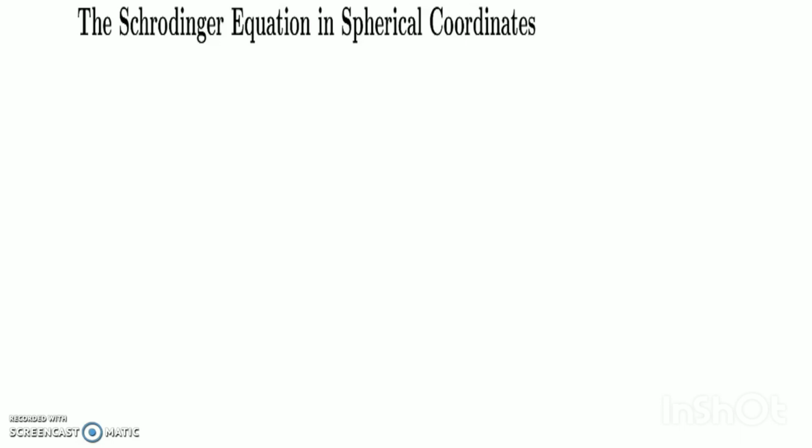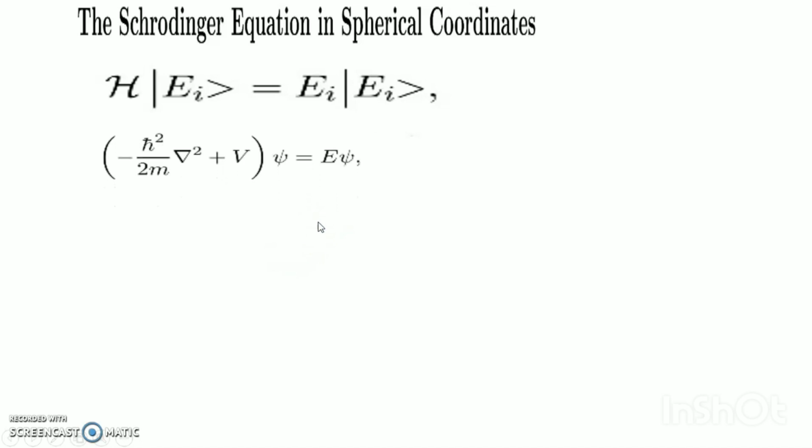We separated time to arrive at the time-independent Schrodinger equation, H|E_i⟩ = E_i|E_i⟩, where E_i are the eigenvalues and |E_i⟩ are the energy eigenstates.